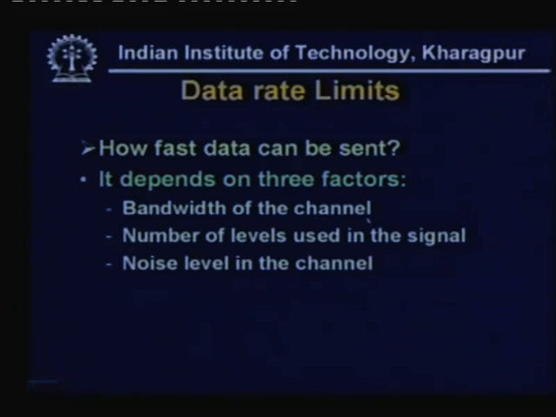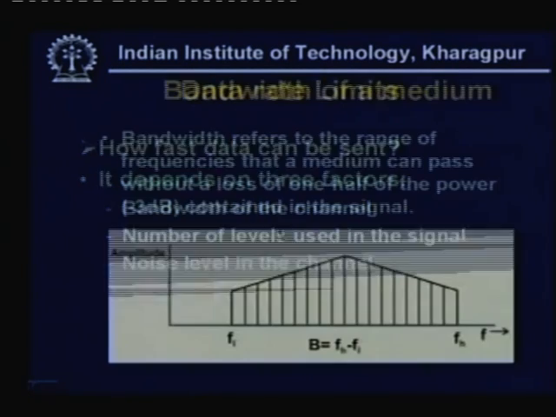What are the parameters of the medium? Let us see. First one is the bandwidth of the channel, second the number of levels used in the signal, and third the noise level in the channel. So these three factors we shall consider one after the other to understand how fast data can be sent through a medium or channel, and because of these parameters it is restricted.